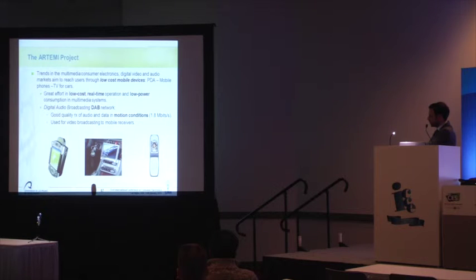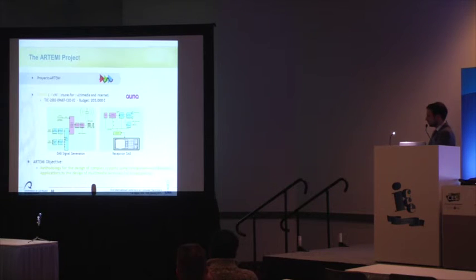Okay, so considering these limitations, let's show just the general idea of the project. The objective was the design of complex systems using architectures that can be configured. This was applied for the design of multimedia terminals for broadcasting. So this is the generation of the signal and the reception, okay?